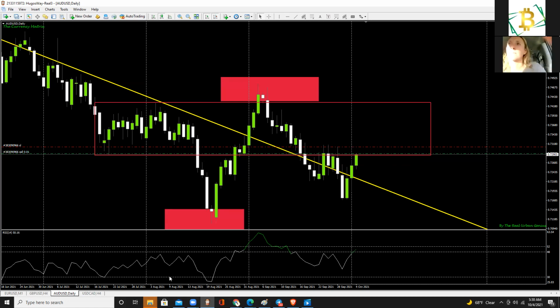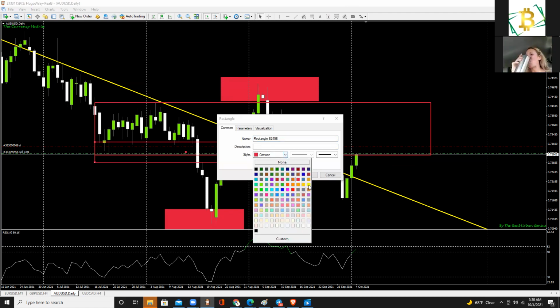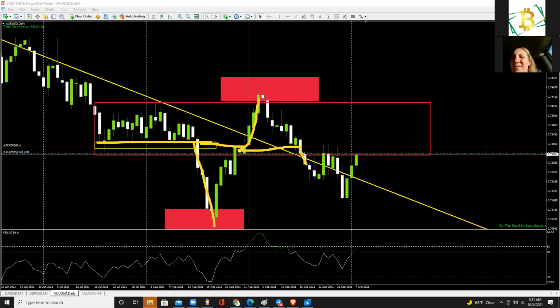So we know if this level was at one point support here, and then it was broken here, this level now becomes resistance. Broken here becomes support. Broken here, now it's resistance again.